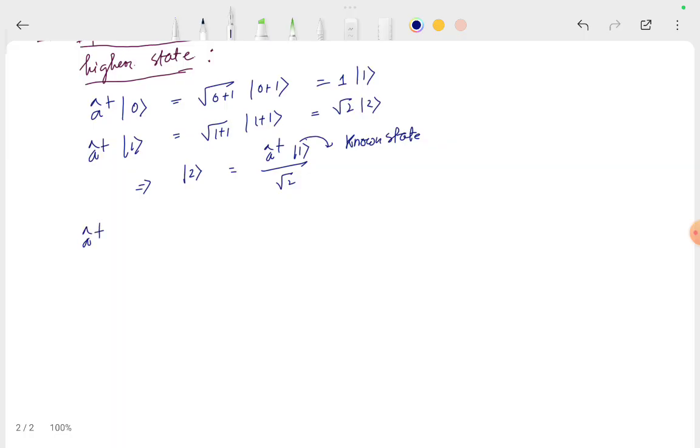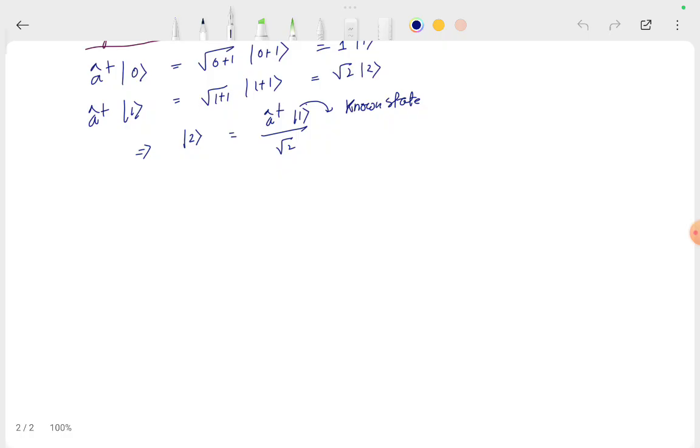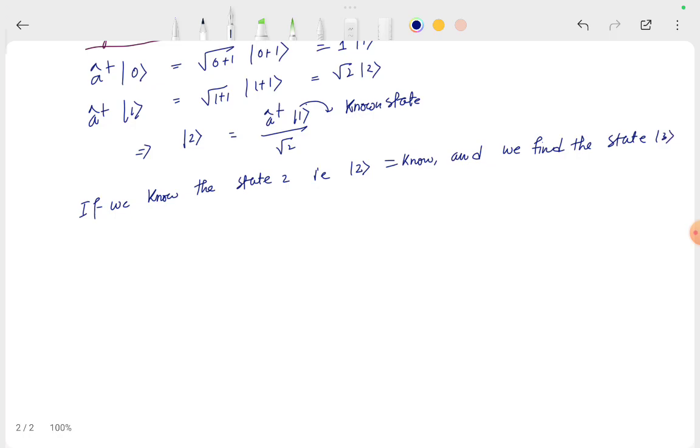Similarly, a dagger acting on 2: we're trying to find the state 3, and we know the state 2. How can I find it?